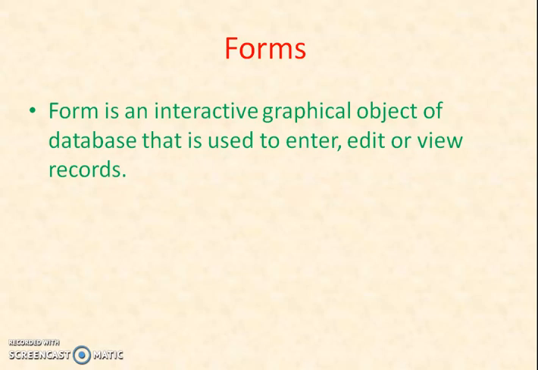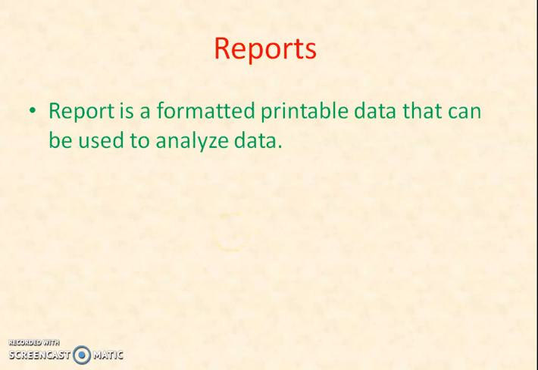In that form you need to enter your name, your class, your parent's name, your mobile number, then your feedback for each subject. So it will collect all this information, and when we collect information from every student, everything is considered a single database. So simply, a form is an interactive graphical object of a database that is used to enter, edit or view records. Next one, reports.